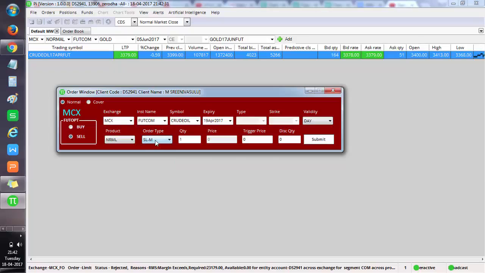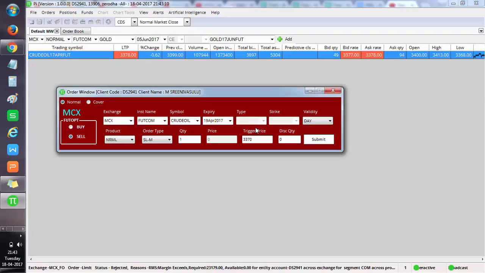As soon as I selected SLM, you could have easily observed that the price column becomes disabled and only the trigger price column is enabled. So what this means is, whatever you put as the trigger price, for example I'm putting a trigger price of 3370, as and when the price reaches 3370, your stop loss will get triggered at or around the same price.